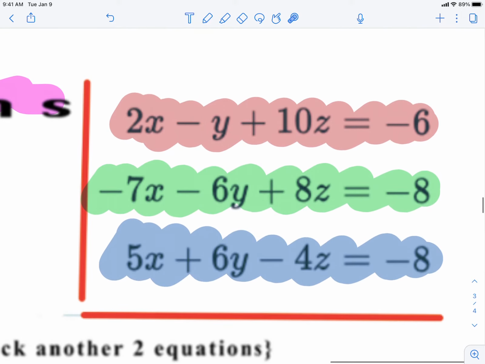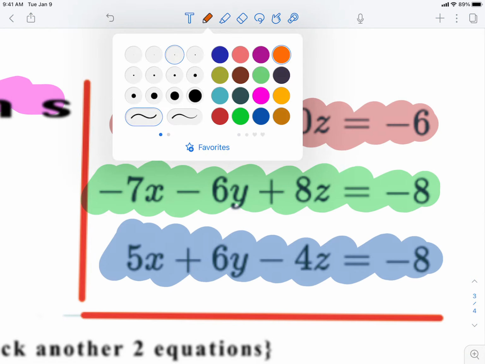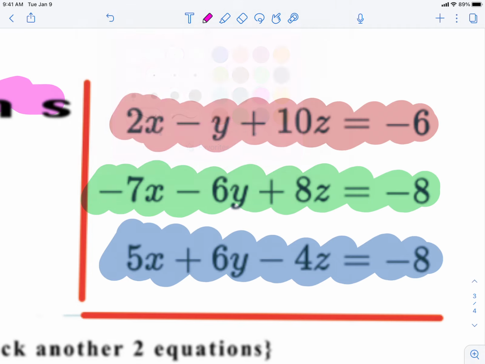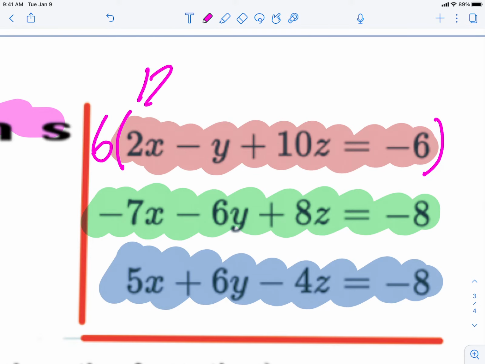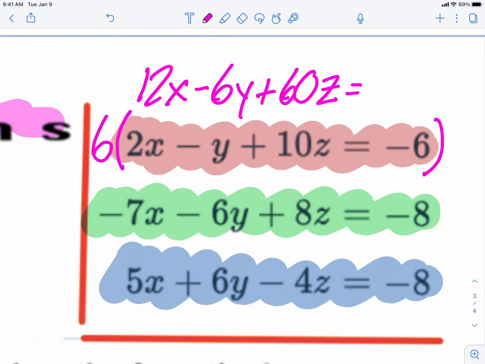So for myself, I'm going to multiply this by 6. And I'm going to leave it at negative 6y. 6 times 2x is 12x. 6 times negative y is negative 6y. 6 times 10 is 60z. Is equal to 6 times negative 6, which is negative 36.